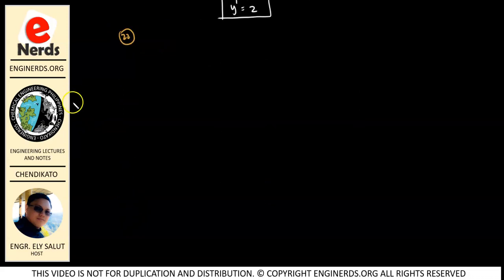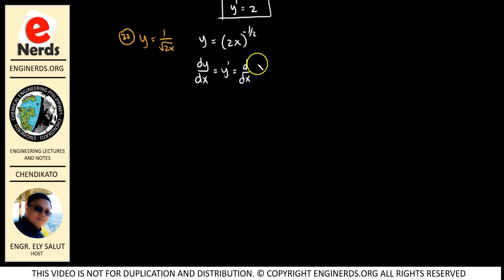And it says that y is equal to 1 over the square root of 2x. So we know that this is also equal to y is equal to (2x) to the negative 1/2. So we will take dy over dx, which is equal to y prime, and this is d over dx of (2x) to the negative 1/2.